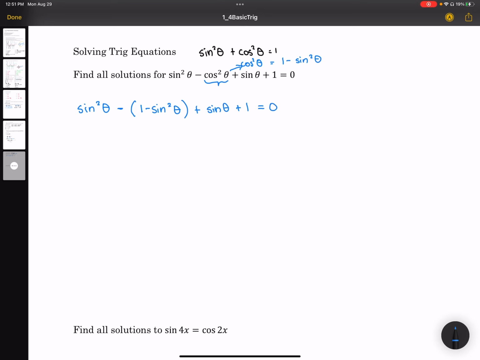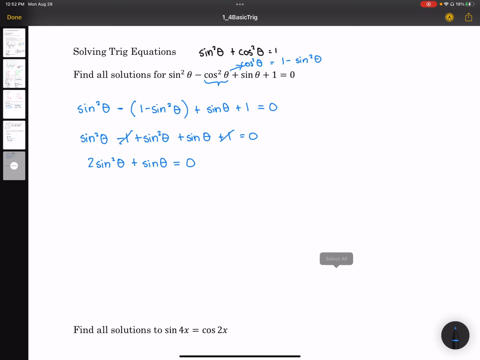If we distribute, we would get sine squared theta minus 1 plus sine squared theta plus sine theta plus 1 equals 0. Now conveniently, the negative 1 and positive 1 add to be 0. So we get 2 sine squared theta plus sine theta equals 0.